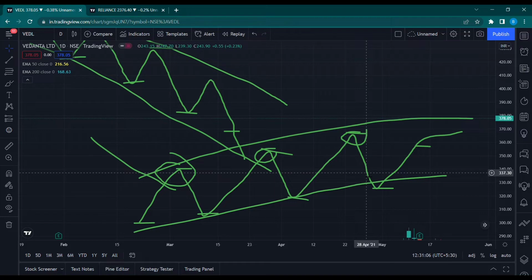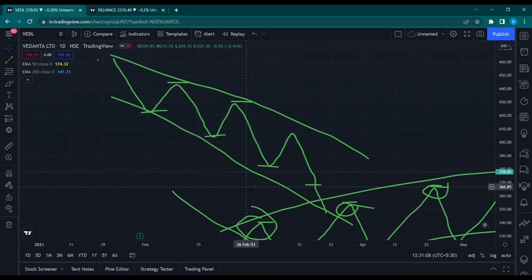Similarly, in a downtrend, we do not think of going for a buy trade. The reason is the same: since the average price direction is on the downside, it becomes riskier, or the accuracy won't be good when you are trading on the buy side in a downtrend. So in order to decrease the chances of failure, this is the first rule we introduced, that we should always trade with the trend.